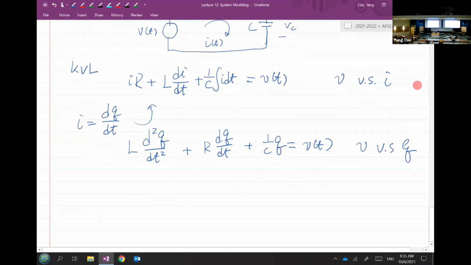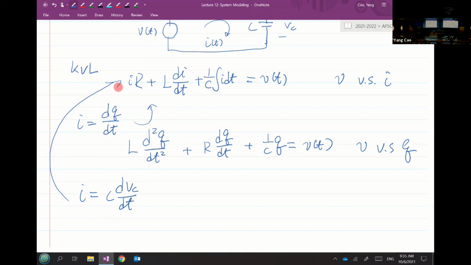I haven't got to Vc yet. So how do I get Vc? This time I'm going to let I equal C dVc over dt. That's the relationship between the current and the voltage across the capacitor, which we used in the RC circuit. Then I'm going to substitute it back into this equation from KVL.